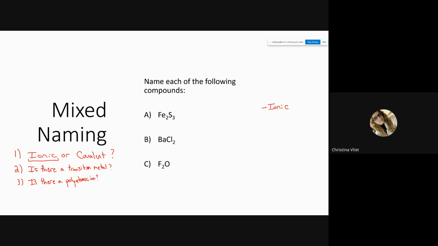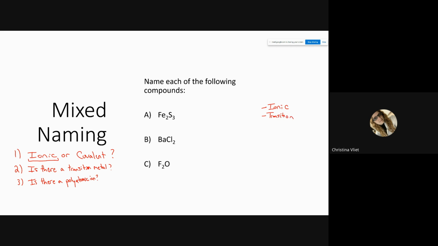None of these have polyatomic ion because there's only 2 elements in total. One of the ways you could tell you have a polyatomic ion is there's 3 or more total elements. But is there a transition metal here? Yes. Transition.